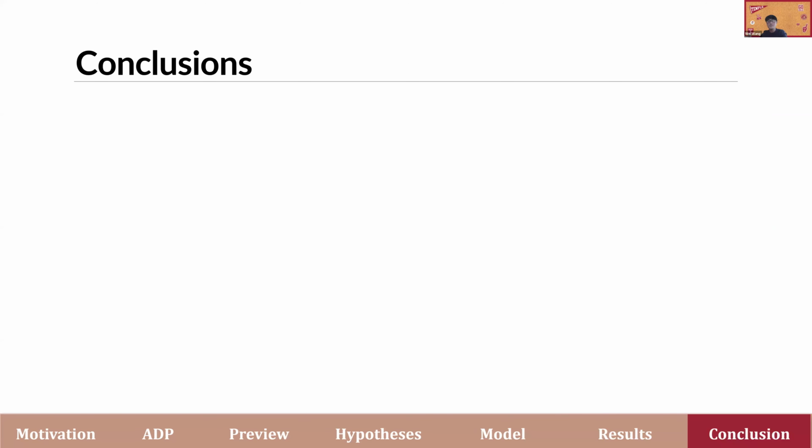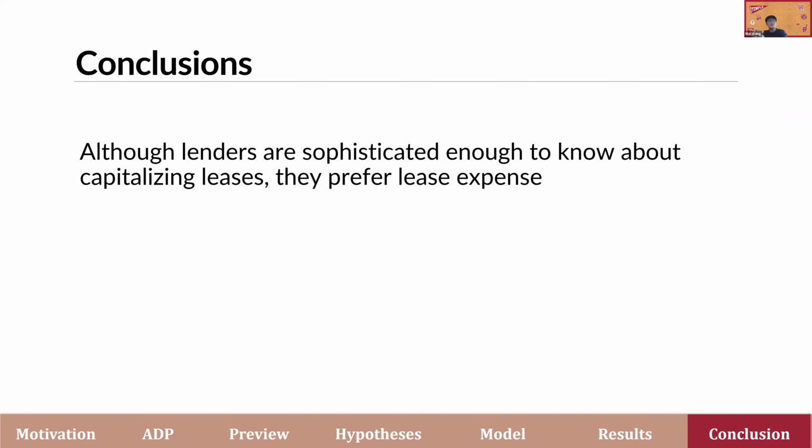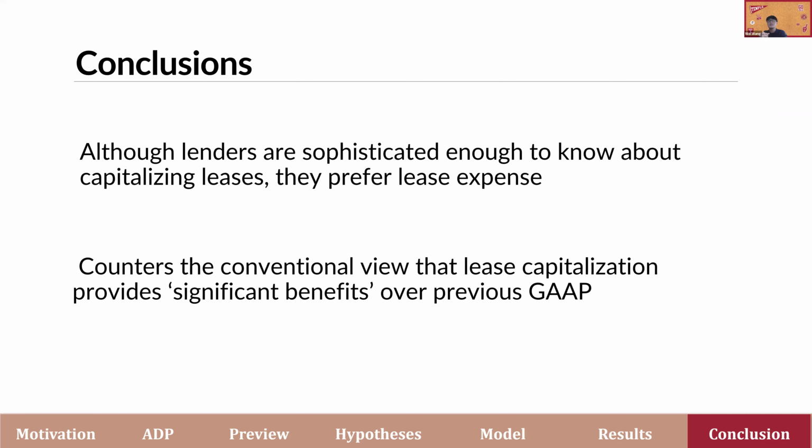So in conclusion, we find that although lenders are sophisticated institutions, astute enough to know about capitalizing leases, it seems as if they prefer lease expense. Our results are contrary to the conventional view that lease capitalization provides significant benefits over previous GAAP.